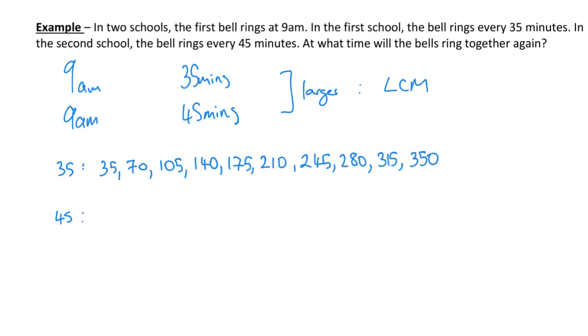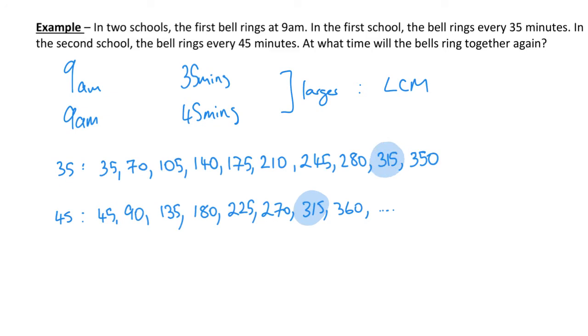The multiples of 45, so we've got 45, 90, 135, 180, 225, 270, 315, 360, and so on. And looking at those lists, we can see that there is a common multiple, and that's 315. So that means after 315 minutes, the bells will be together again.